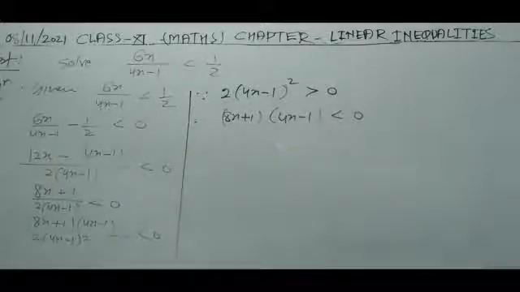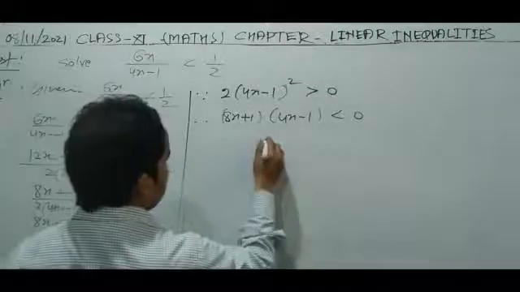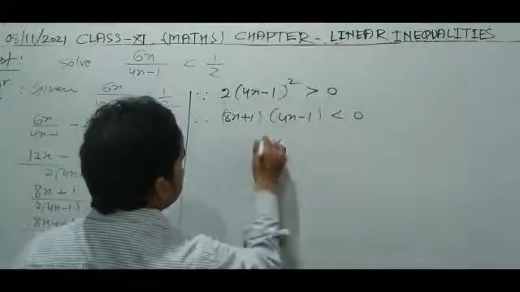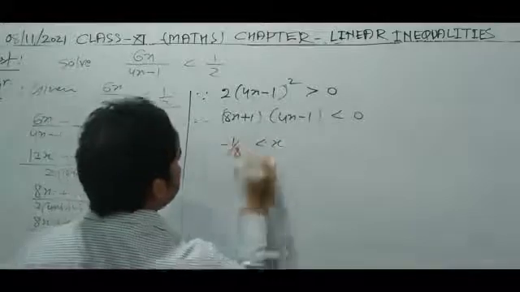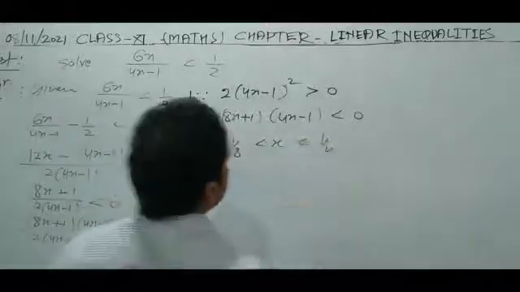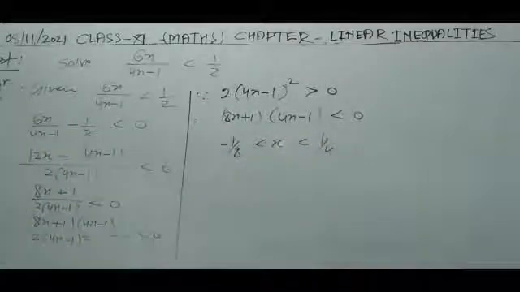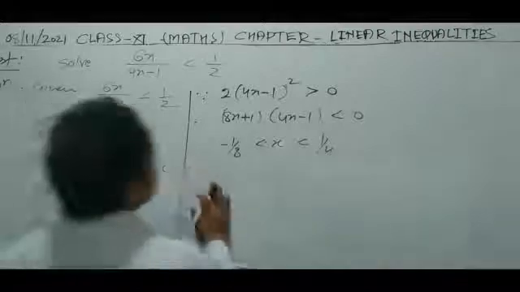Now you will see in this inequality x is greater than minus 1 by 8 and less than 1 by 4. When you draw a number line, you can get its results.